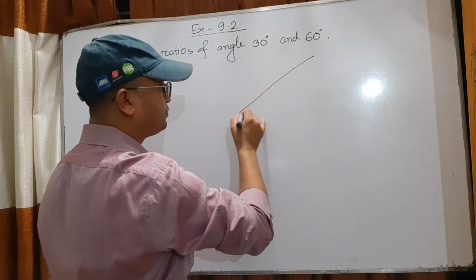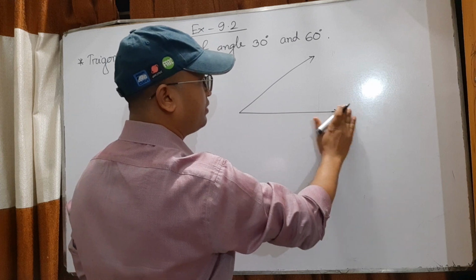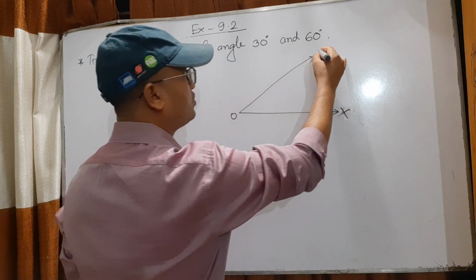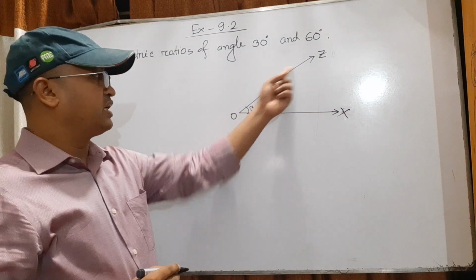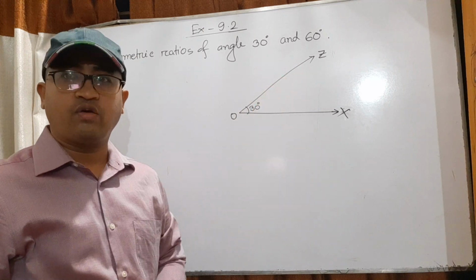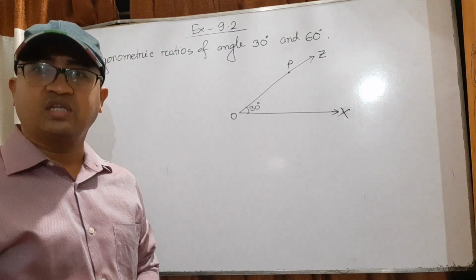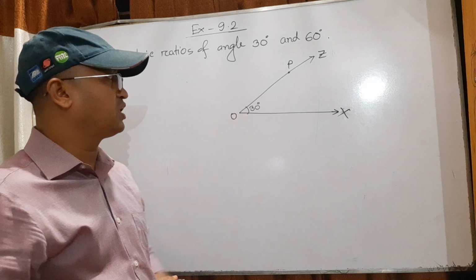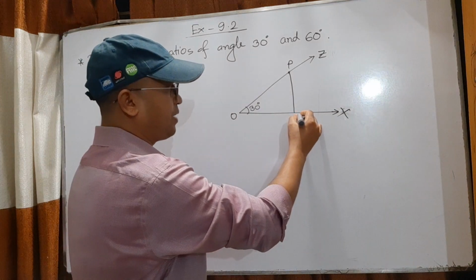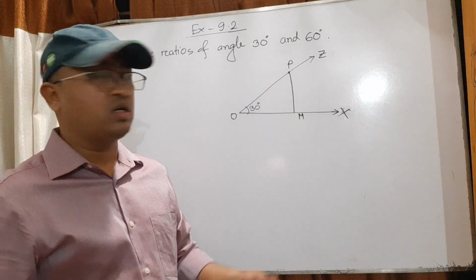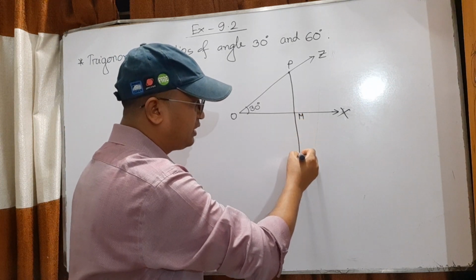Let this be the angle XOZ. This is the angle of 30 degree. ZOX or XOZ is an angle of 30 degree. I have taken a point P on OZ and drawn a perpendicular to OX, that is M. PM is the perpendicular from P to OX.